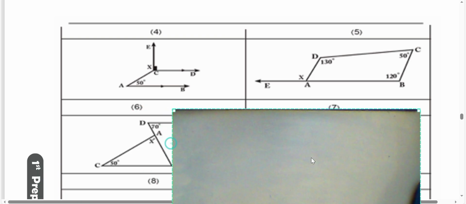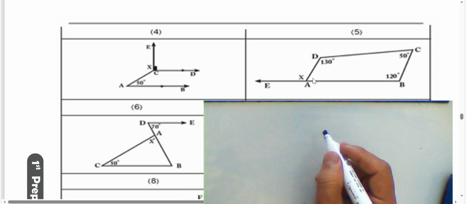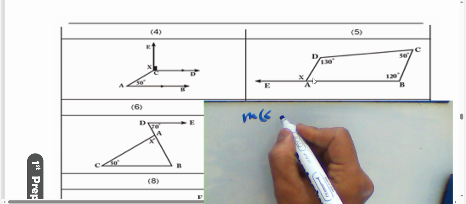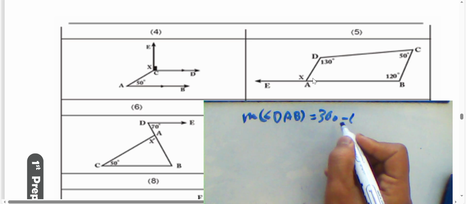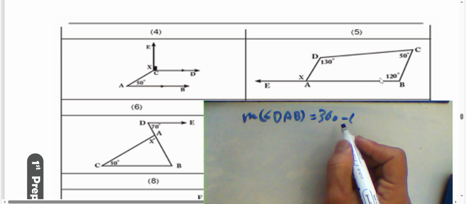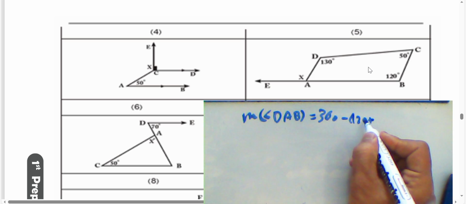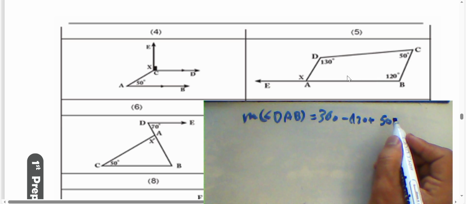Next question. We can first find the interior angle of the quadrilateral, the measure of angle DAP, and it will be what? 360 minus the sum of the interior angles here. Write 120 plus 30 plus 50, this 50, and this angle 130.